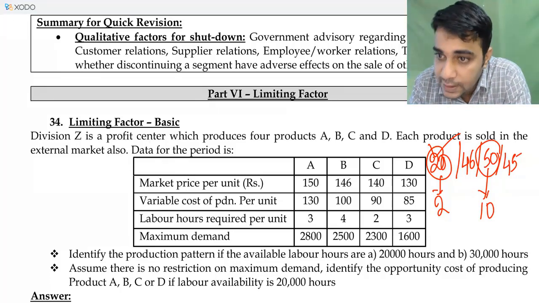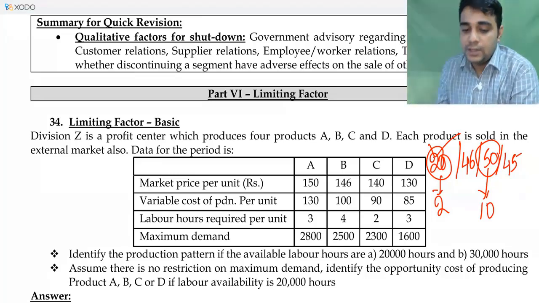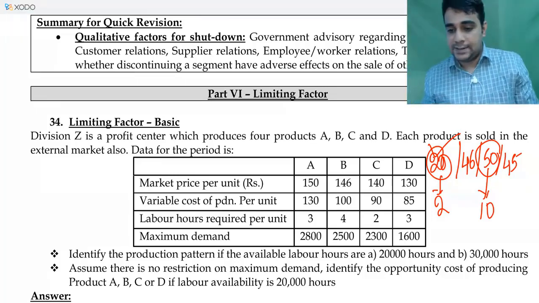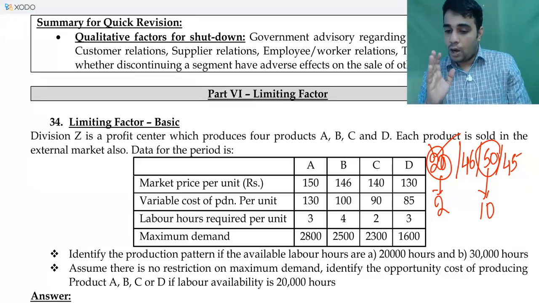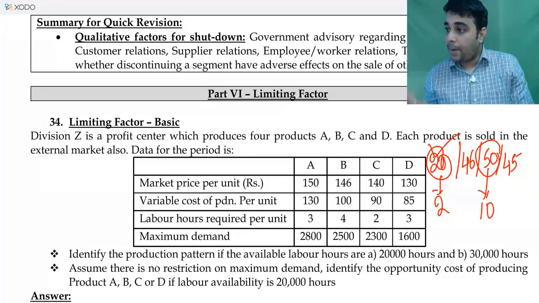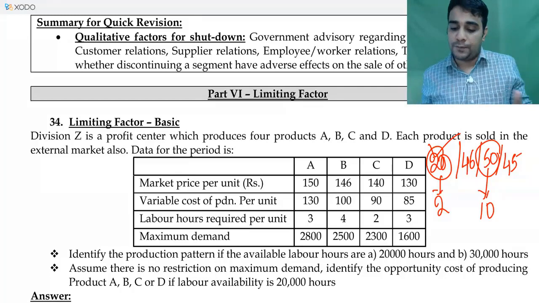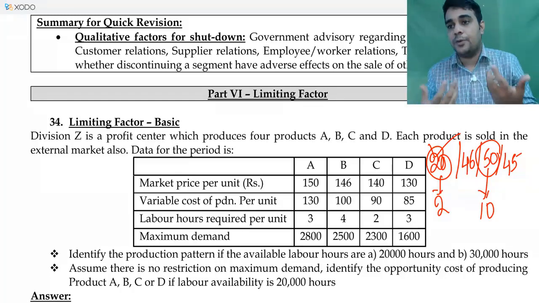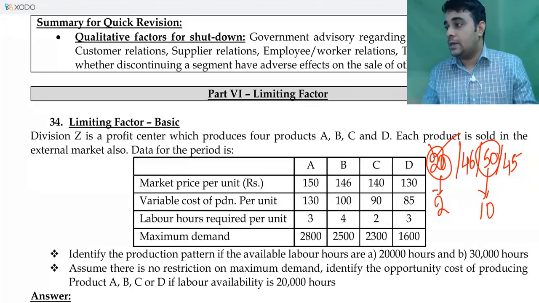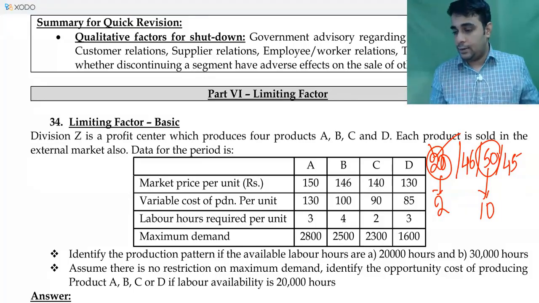So here you are going to do it on the basis of contribution per labor hour, basically contribution per unit of limiting factor. It could be labor hour, sometimes machine hours, sometimes money, it could be anything. Anything could be the factor.